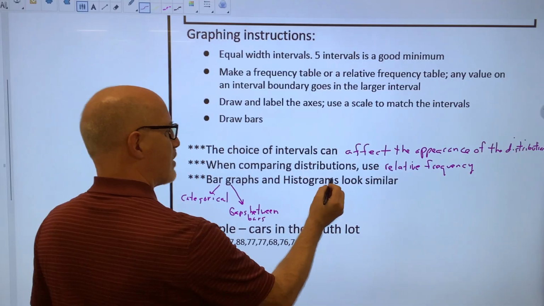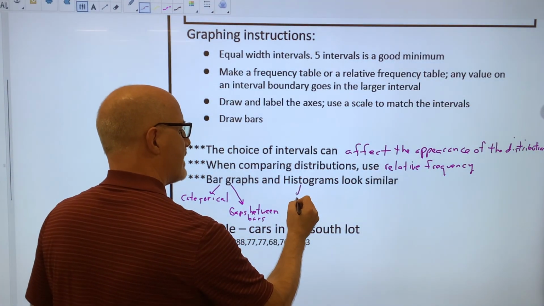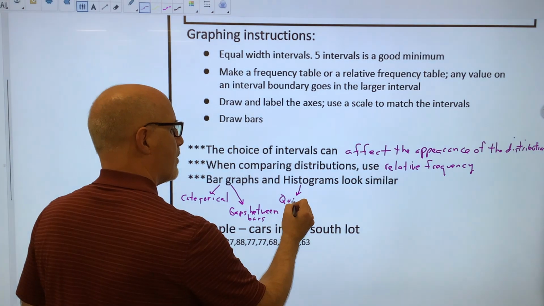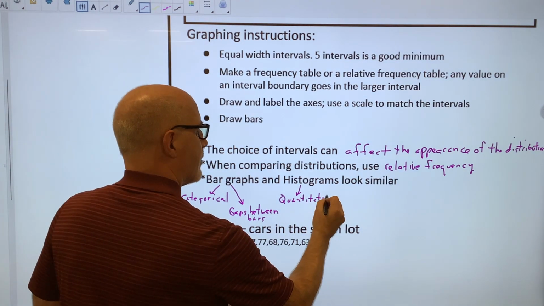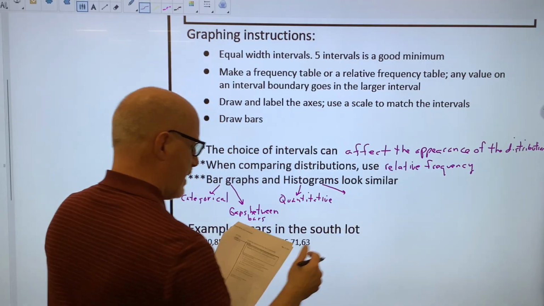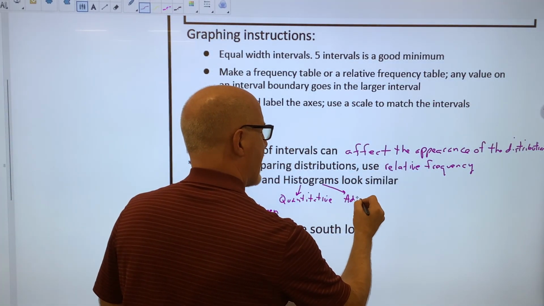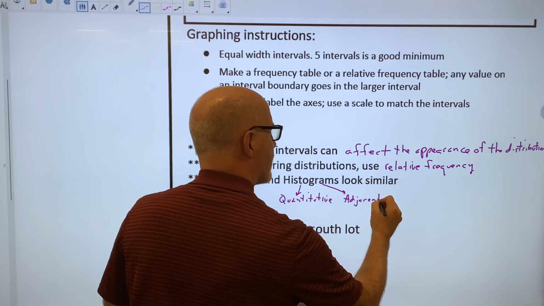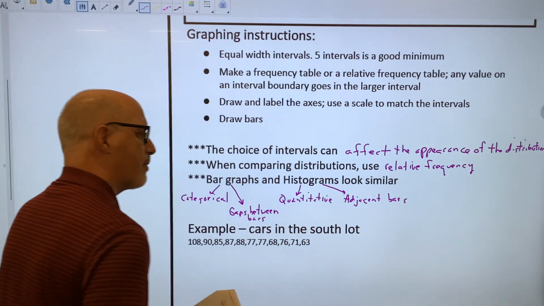Whereas histograms, they look similar to this, but histograms are for quantitative data. And for this one, you're going to have adjacent bars. The only time you're going to have gaps is if there's no data in an interval. So the bars are usually right next to each other.